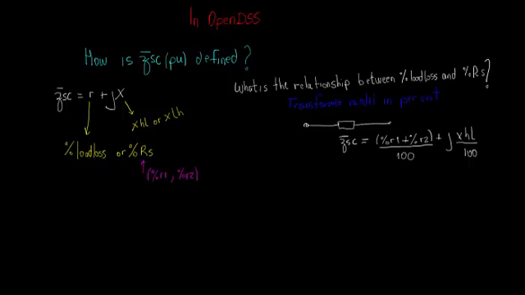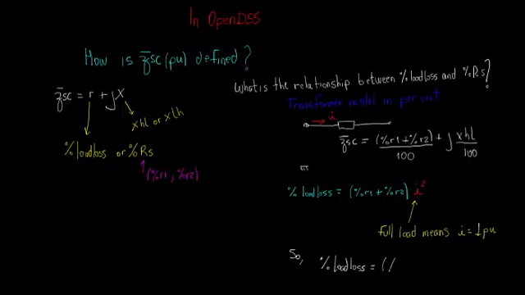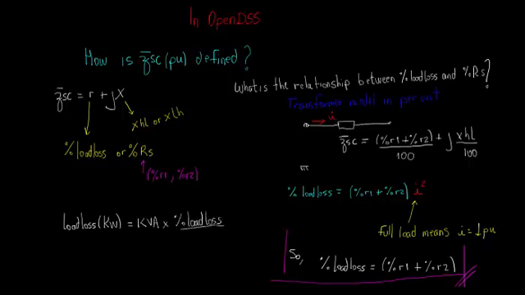In OpenDSS, these three parameters, %R1, %R2, and XHL, are defined in percent values. %loadloss is basically the power that is dissipated in the transformer series resistance when it's fully loaded. Then, %loadloss is exactly the same as %R1 plus %R2. In order to convert %loadloss to actual kilowatts, all we need to do is divide it by 100 and multiply it by the transformer rated power.